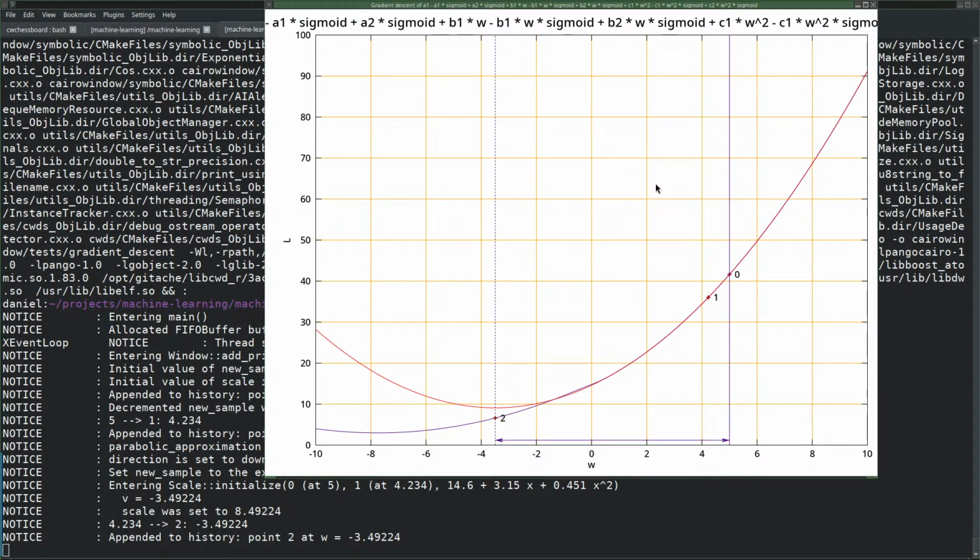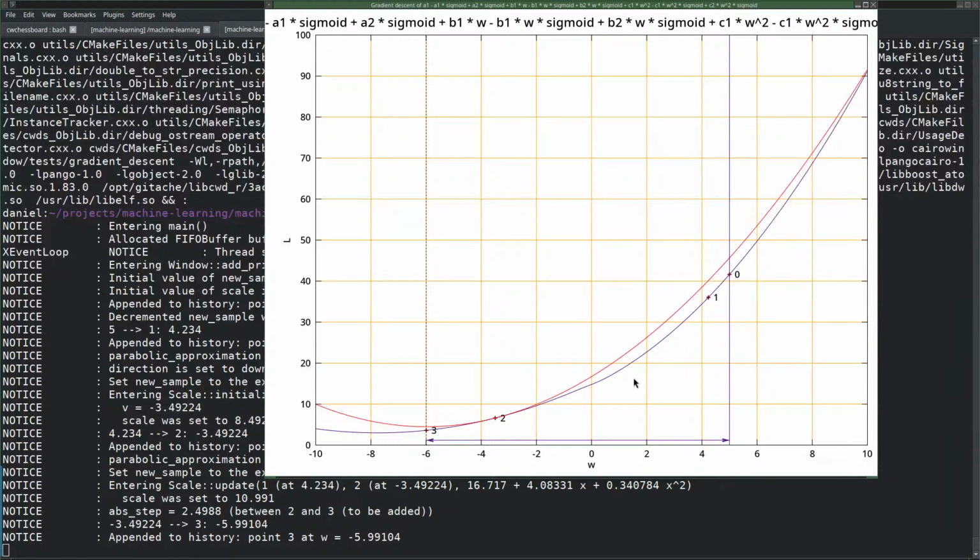Okay, and then number 2 is the vertex of this first parabola. So now it did try to fit something through 2 and 1, so the derivative here is the same. New vertex is in 3, and it did keep the edge sample number 0, because apparently this is still less than a tenth of the height.